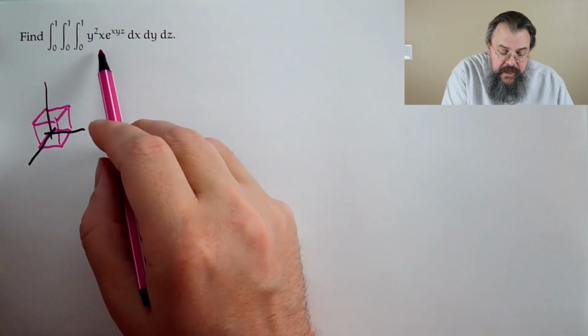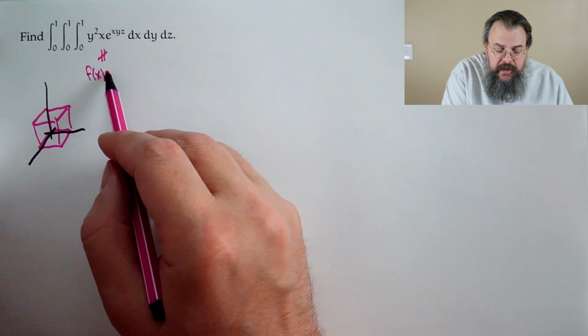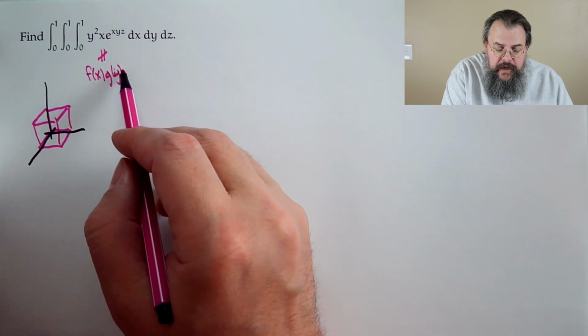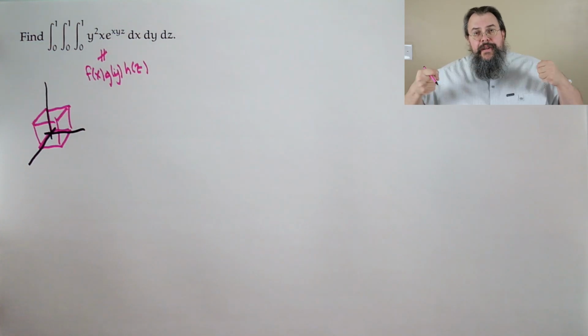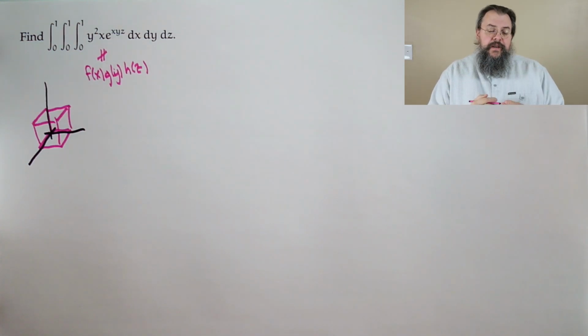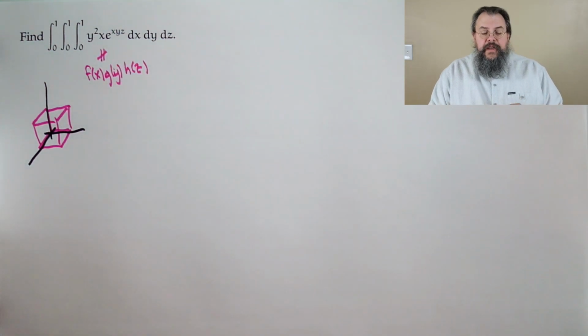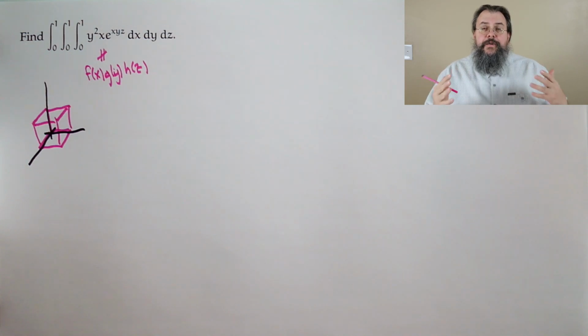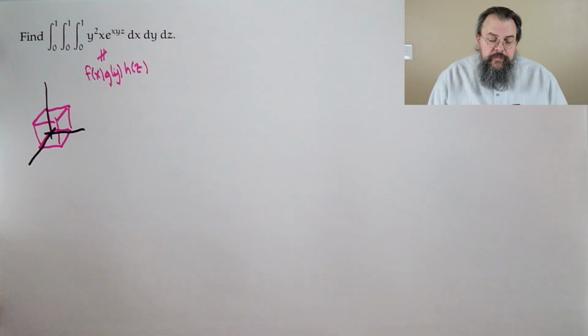See, this function does not have the form some function of x times some function of y times some function of z. So it doesn't have the ability to be pulled apart. And really, the problem is up here in this exponent. And now we look at it and say, okay, so we'll just iterate one at a time, right? That doesn't seem so bad.